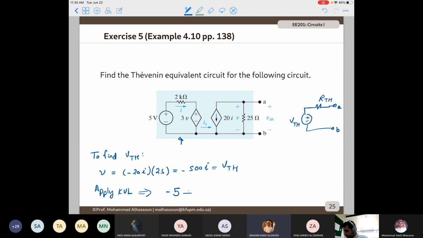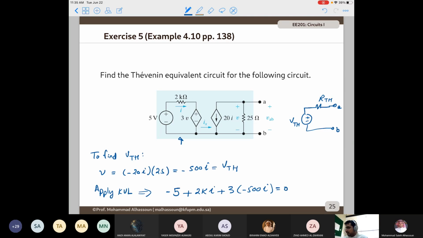Minus 5, 2000 ohm times I plus 3V. We found V to be what? Minus 500i. Okay, so it's going to be 3 multiplied by negative 500i equals 0.